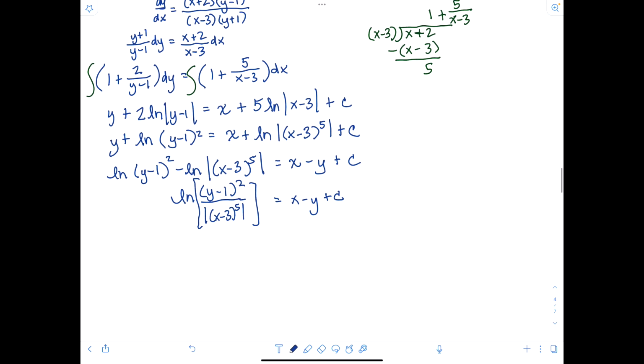Now, a logarithm is an exponent, right? So if I write this in exponential form, then I will have e to the x minus y plus c equals what's inside the log, which was y minus 1, the quantity squared, over absolute x minus 3, and then to the 5th.